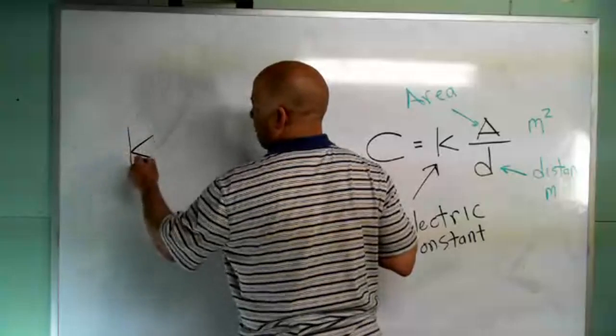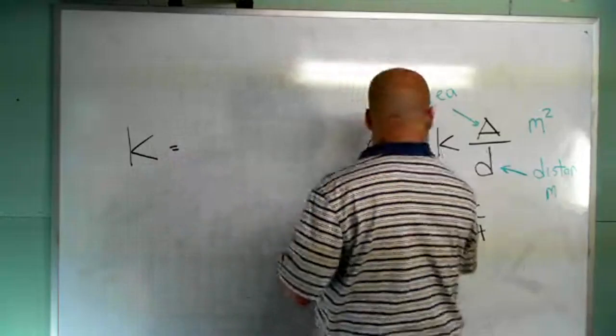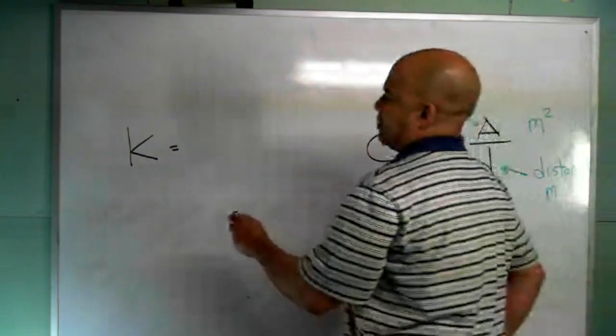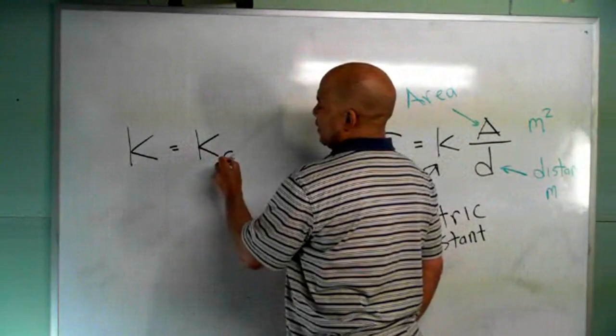That dielectric constant K is really this constant, actually K sub epsilon.